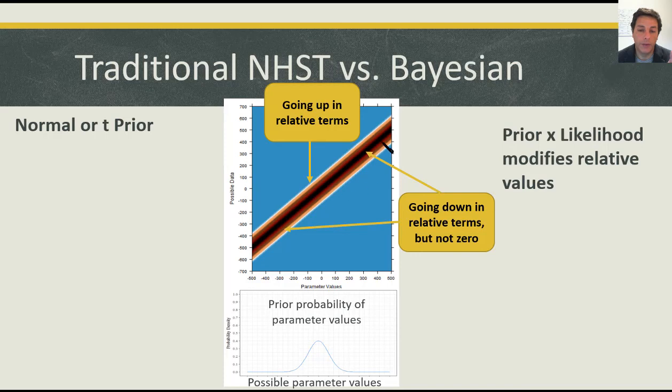So when we multiply this, which is the same, by this prior distribution, these values close to 0 go up in value, and the values further away from 0 go down in relative terms. And the values here also go down. So that will change the values here.